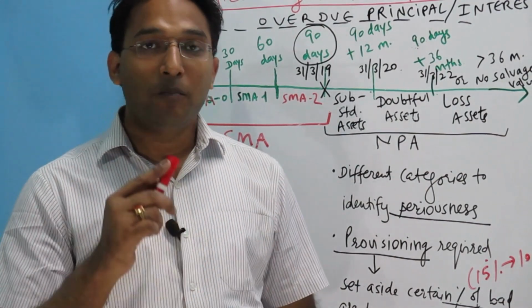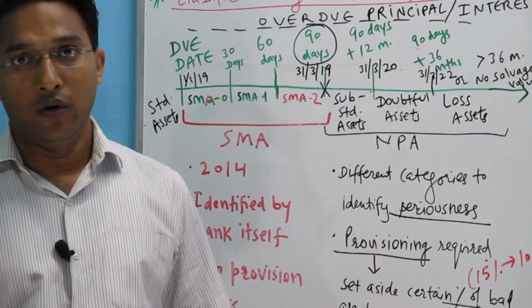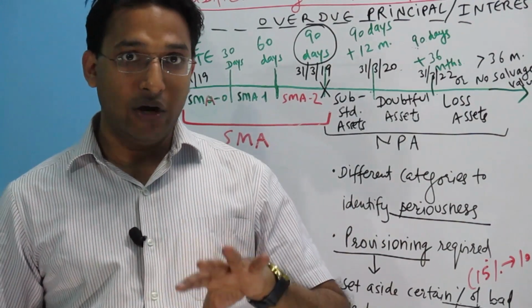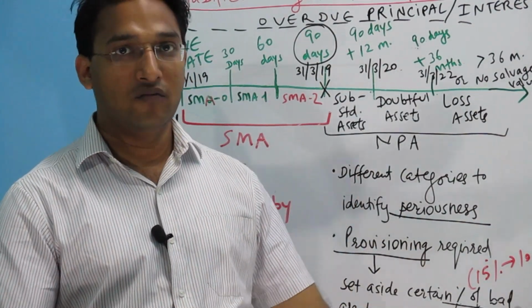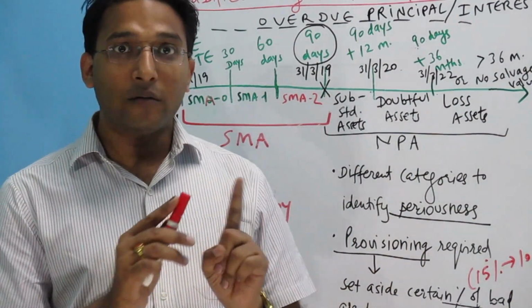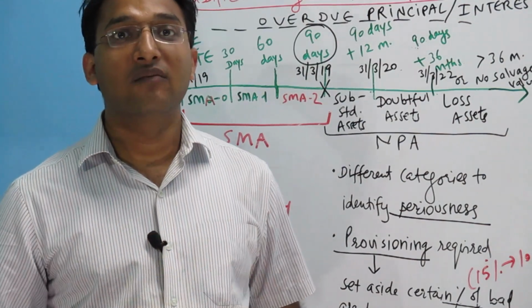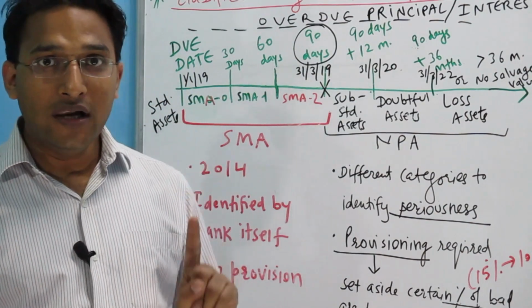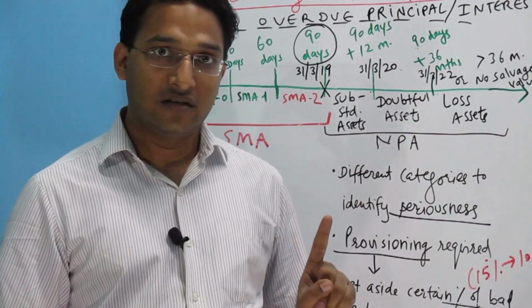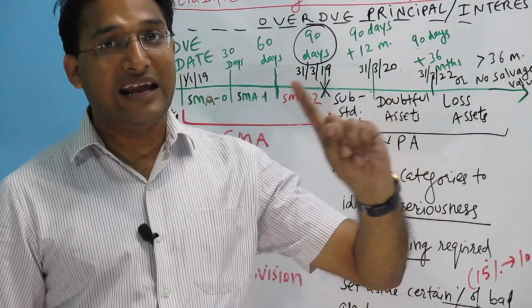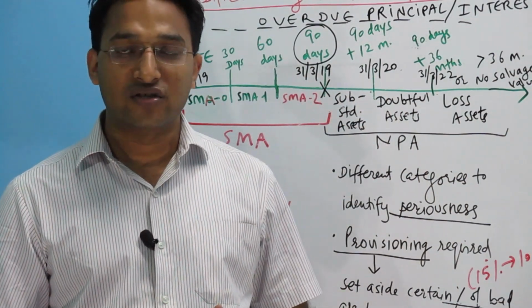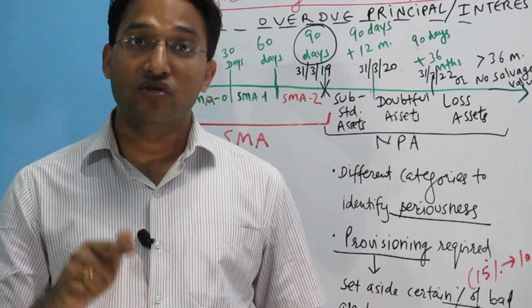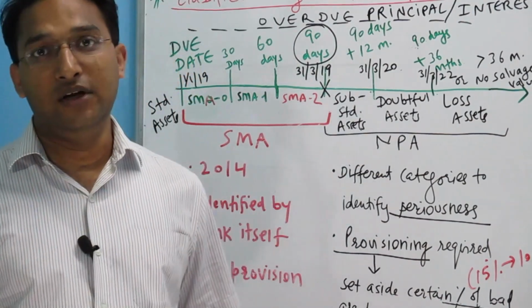At the same time, the bank also needs to stop recognizing the interest receipt. So although the interest is payable from the customer to the bank, the bank cannot say that this is the income of the bank, because this account has been classified as an NPA. Only in case the customer deposits the amount of interest in cash, then only can we classify that interest as income. So there are two impacts of the NPA over the bank.